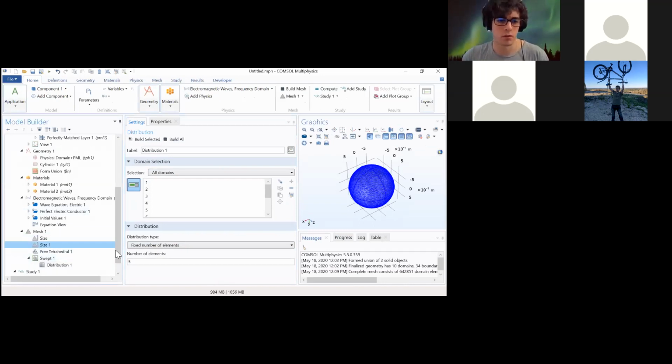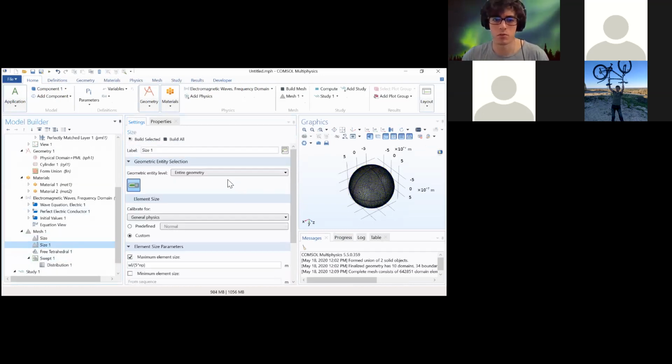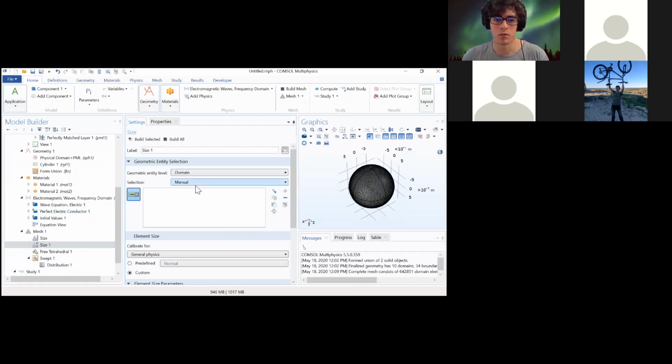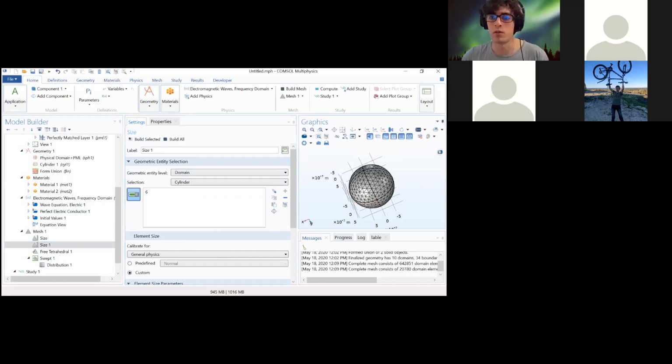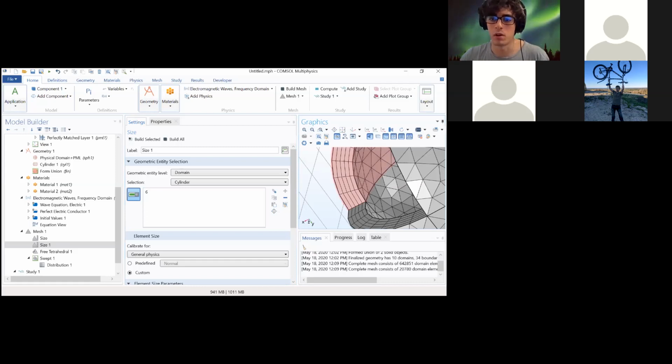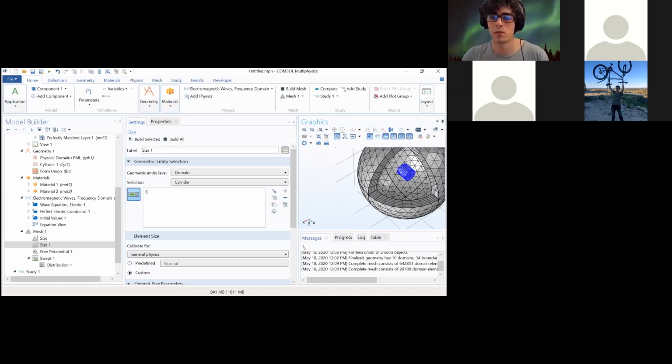Okay, I guess there is a small mistake here. Yes, of course. You have to consider this only for the cylinder. Okay, now it's clear that you have 5 elements along the PML, and the mesh along the cylinder is finer.